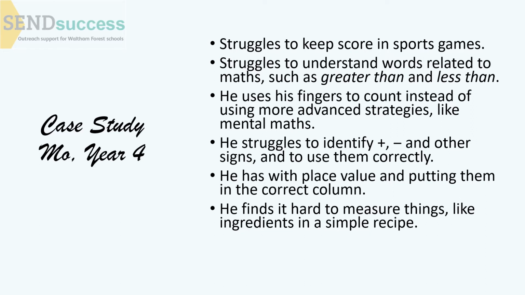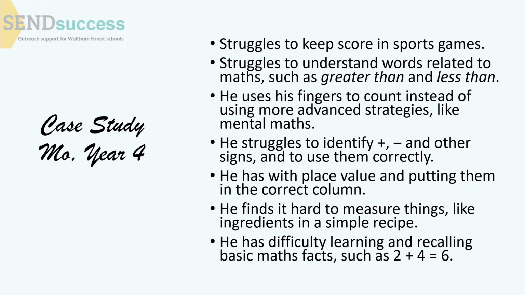Describing half of something is too abstract. So he just finds it difficult to estimate and will often write answers to calculations that are completely unreasonable and can't be possible. Has difficulty learning and recalling basic maths facts. And using a number line is a challenge, relating to an impairment in visual spatial understanding.